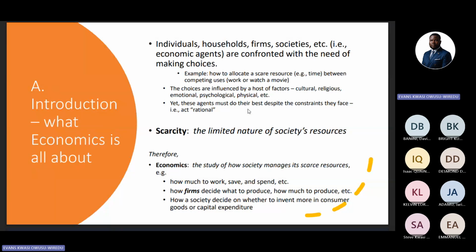So this slide you are still looking at has to do with that, right? The slide concludes that economics is the study of how we manage these scarce resources. It looks at three main levels. As you are still looking at the screen, you see the personal, everyday question. On the personal level, you look at, should I save my money in a susu or spend it on a new outfit?